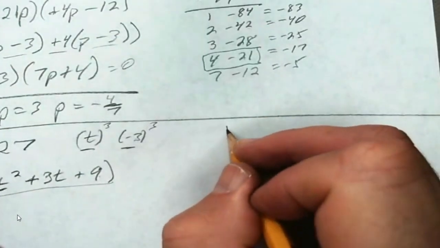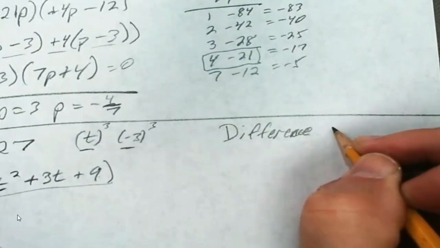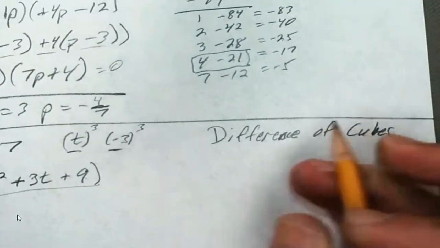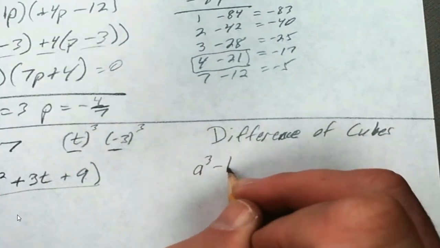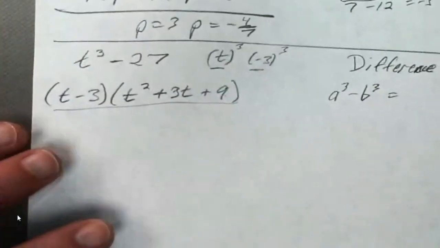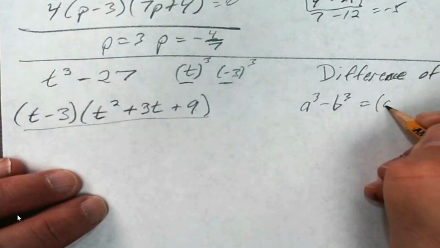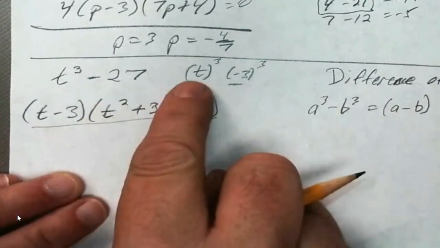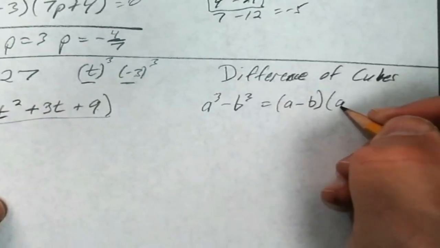So for the difference of cubes, if we have a to the third minus b to the third, here's our shortcut. A to the third minus b to the third equals a minus b, just like we did here, a minus b times a squared.